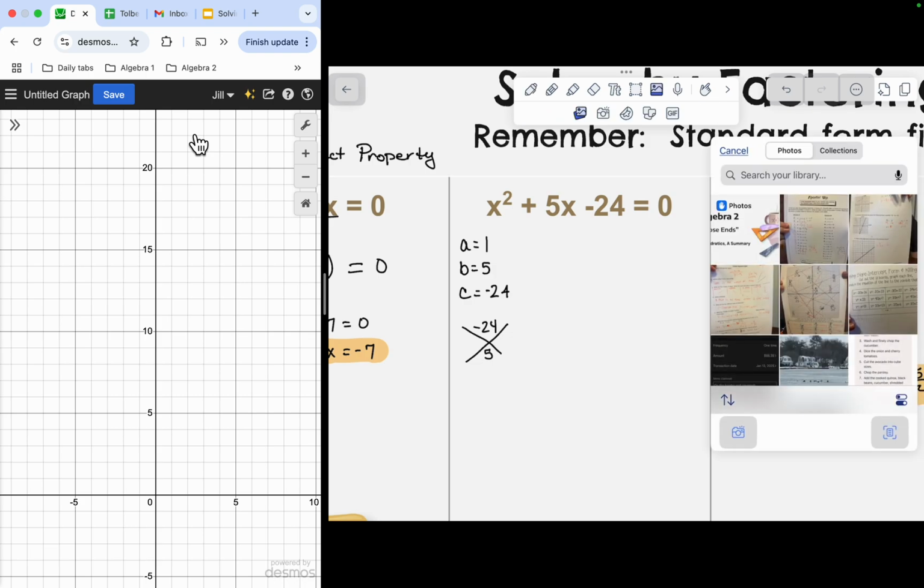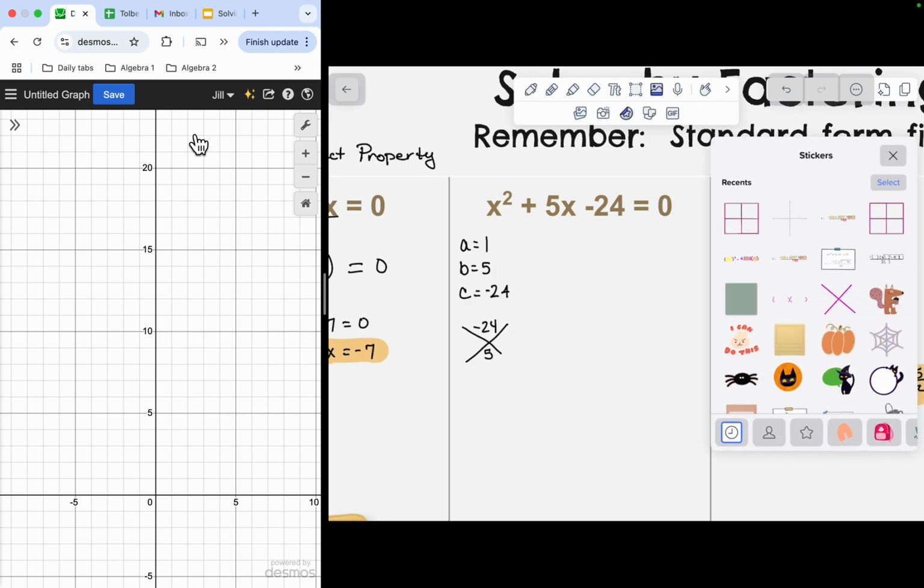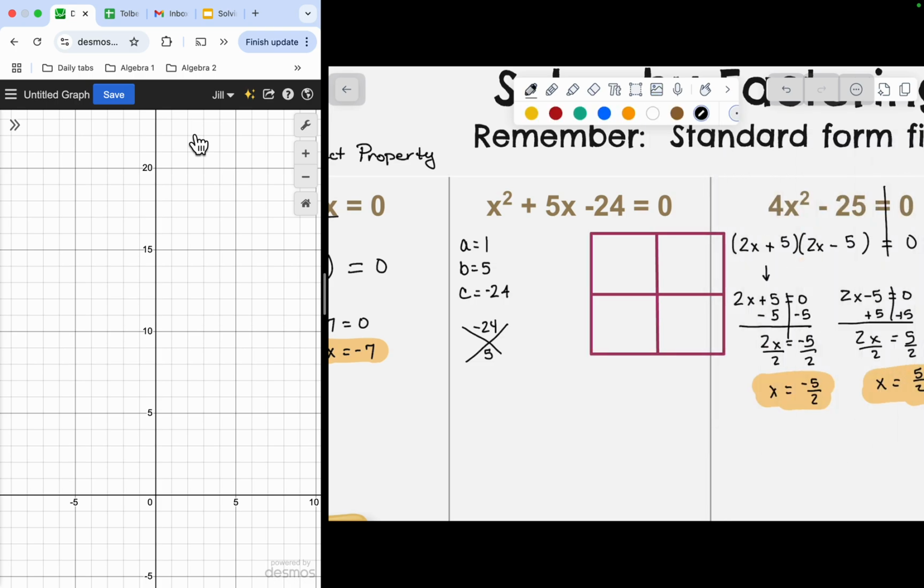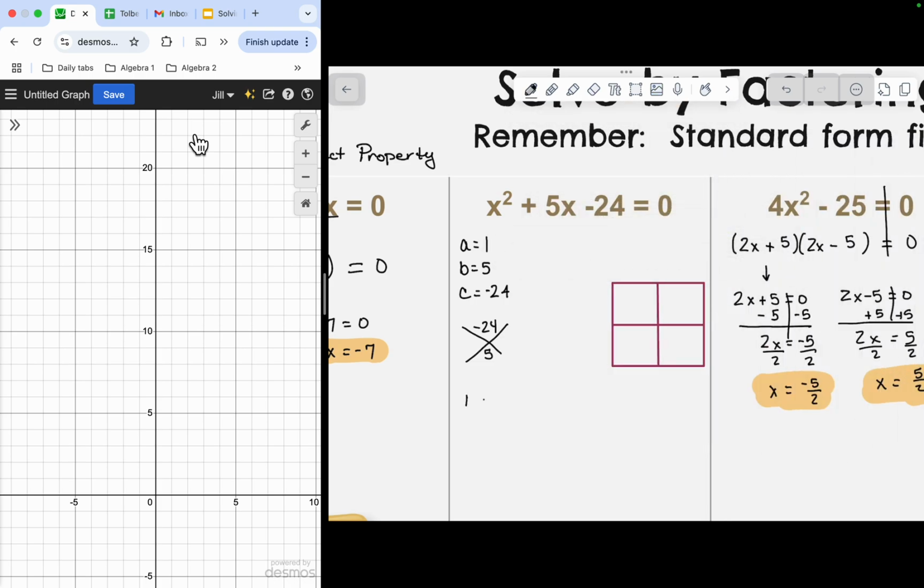negative 24, and we get 1 times 24, or 1 times negative 24, negative 1 times positive 24. Those both give us negative 24, but they don't add to give us 5. So then we go to the next pair. That would be 2 and negative 12, or negative 2 and positive 12.